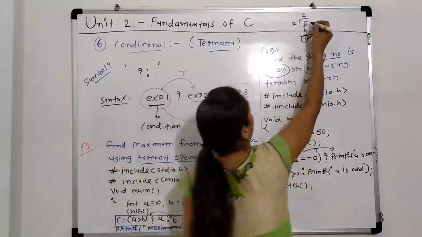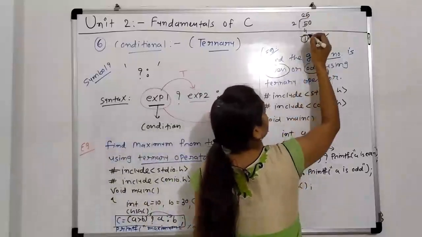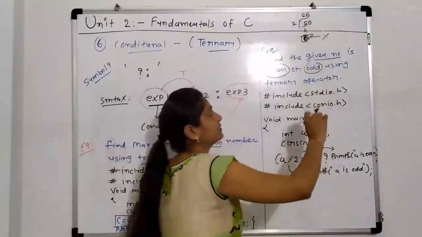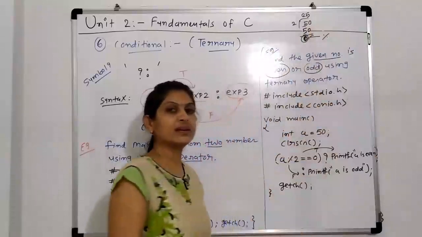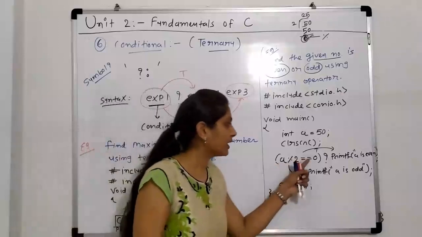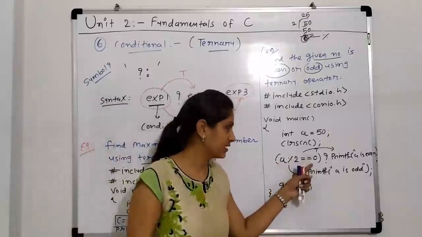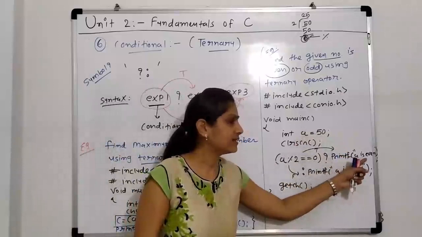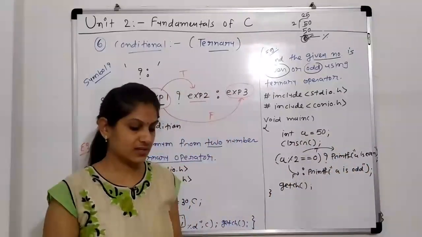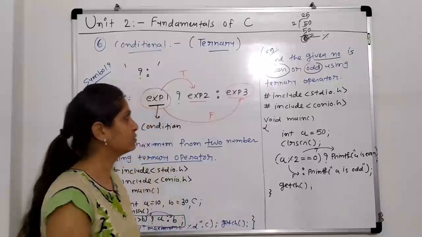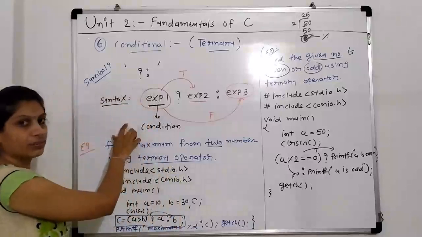Then 25 twos are 50. The remainder is 0. So 0 equal 0? Yes. Then it goes to the true part and the answer is a is even. Clear? So this is the second program using ternary operators.